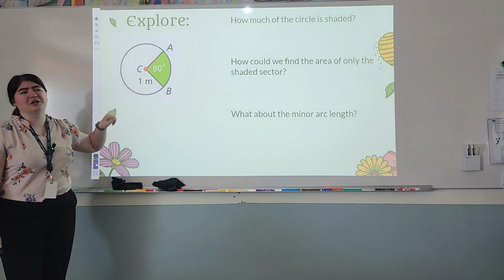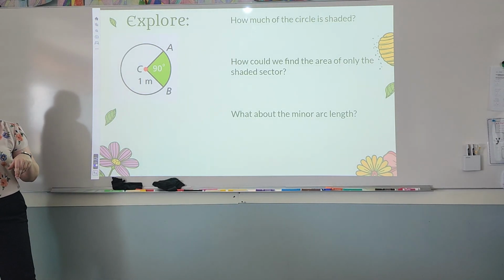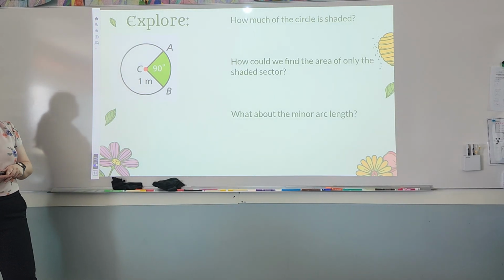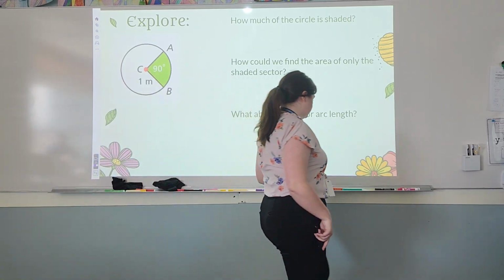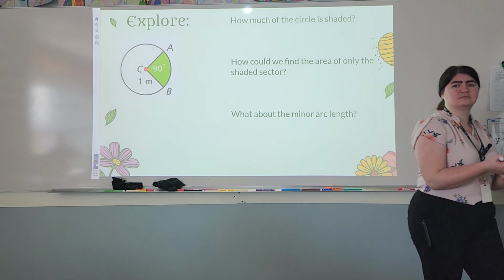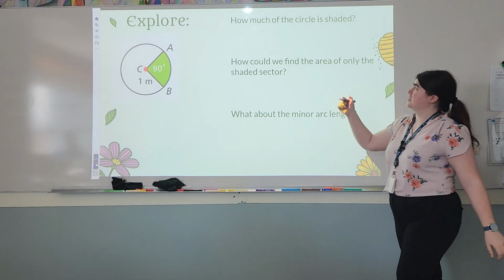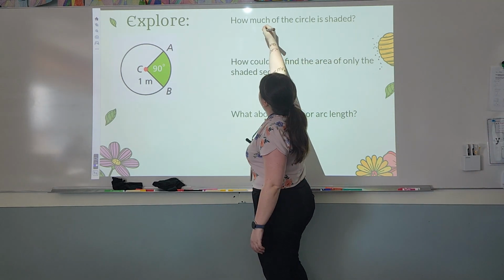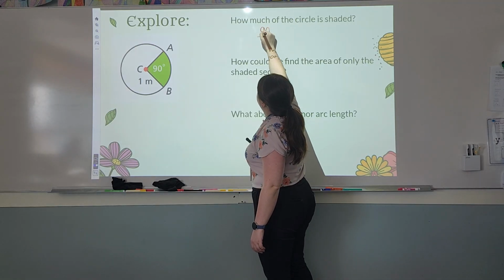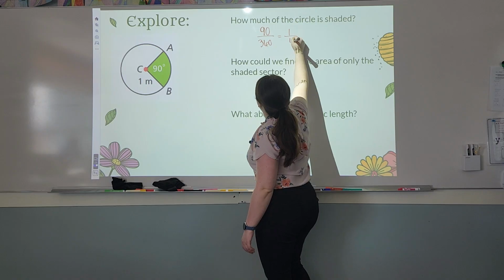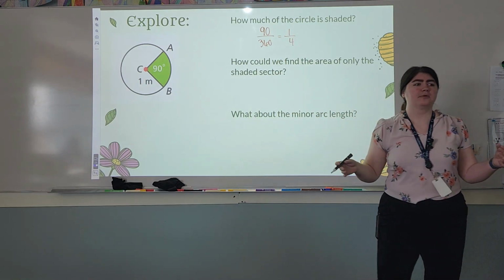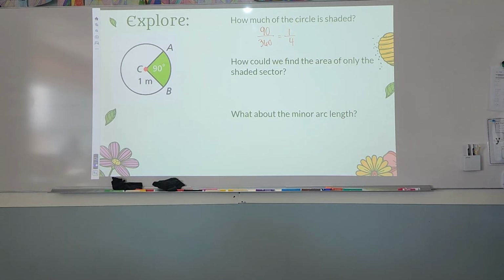We're now going to take a look at area and arc length, sector area and arc length. So the first question here is, how much of this circle is shaded? 1/4. And we know that for a couple different reasons, but 90 degrees out of 360 degrees is 1/4. So if 1/4 of the circle is shaded, then what do you think is going to happen with the area?